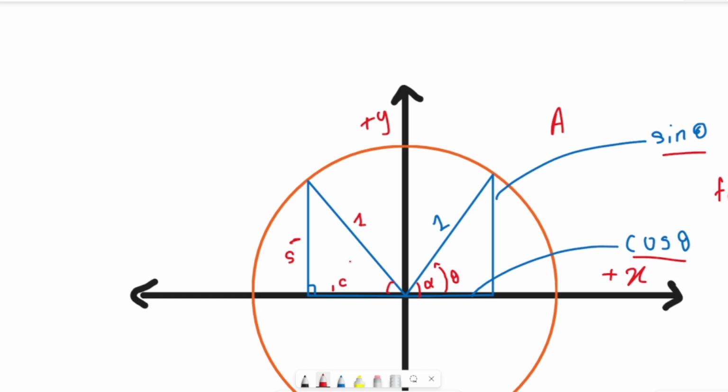So for now, this triangle seems the exact same as this triangle, right? But the difference now is that theta is not the basic angle. Theta is basically the counterclockwise movement from this point, this axis, the positive x-axis, the first quadrant, to the hypotenuse of our triangle.